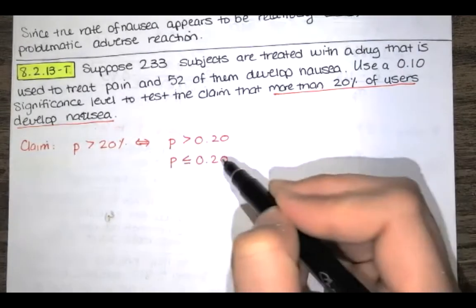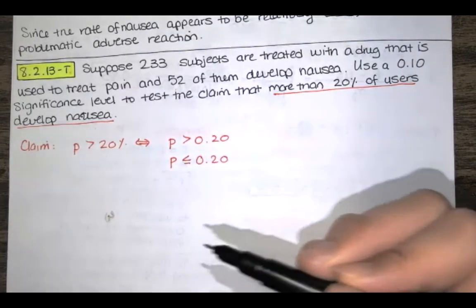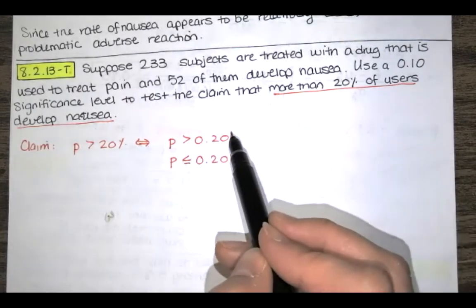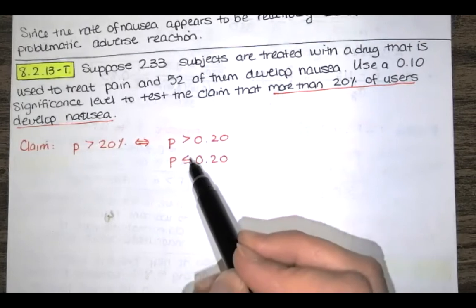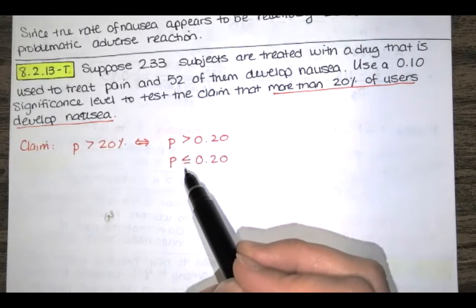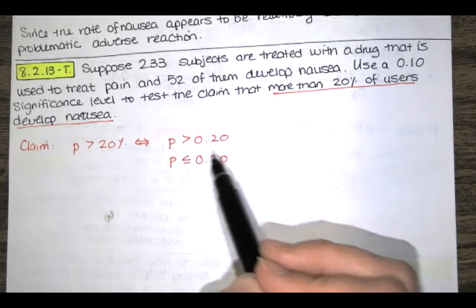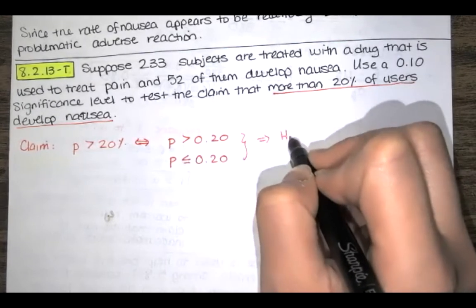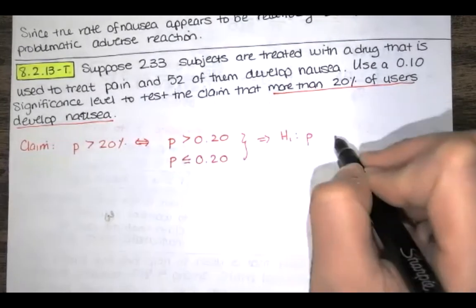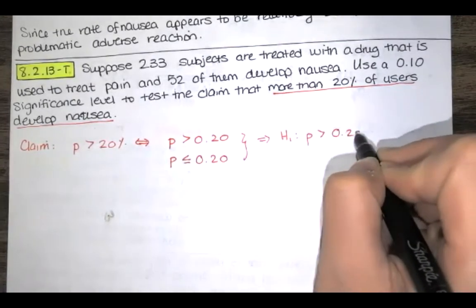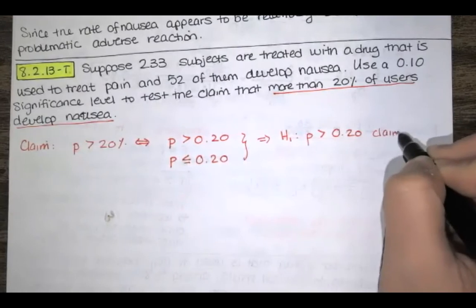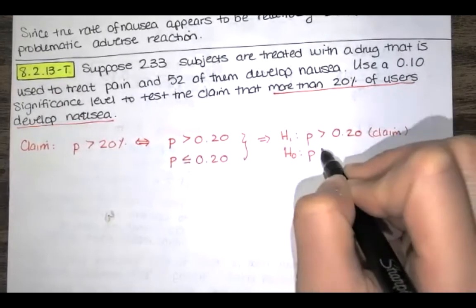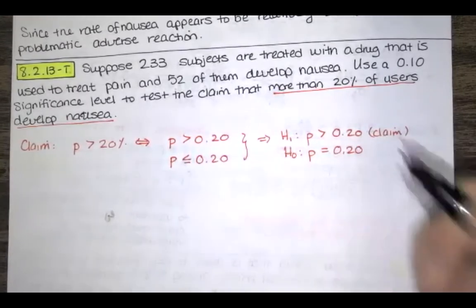Now the one of these that does not contain the condition of equality is the alternative hypothesis. So our alternative hypothesis is this one, because this says less than or equal to. This does contain the condition of equality, this one doesn't. So our alternative hypothesis happens to be the same as our claim. And the null hypothesis looks just like that, but we change that greater than sign to an equal sign.